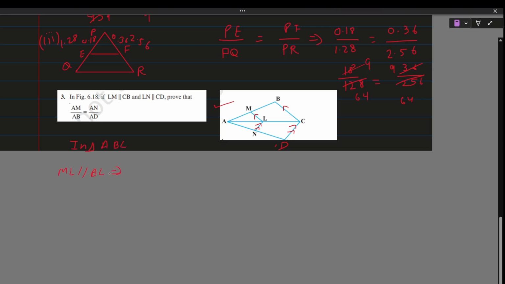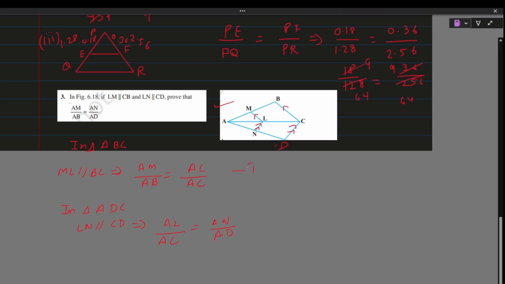So from here we can use the BPT theorem and we can say that AM by AB will be equal to AL by AC. Now in triangle ADC, it's already given that LN is parallel to CD, and again by using BPT we can say that AL by AC will be equal to AN by AD.